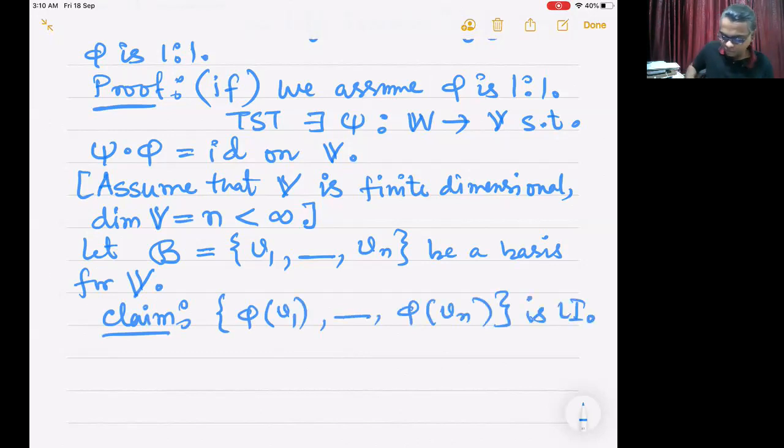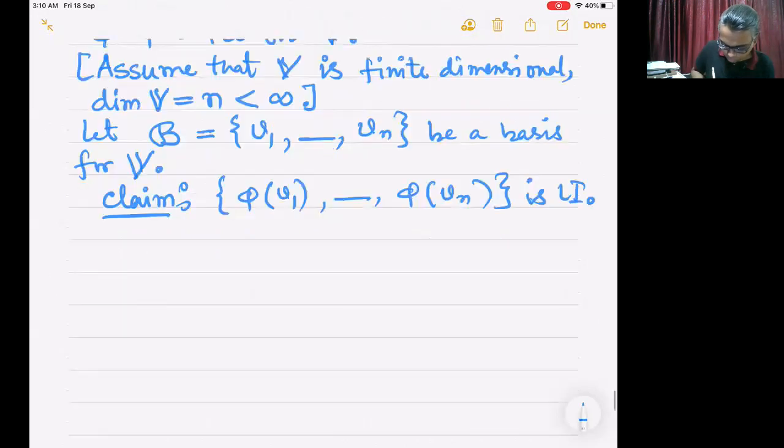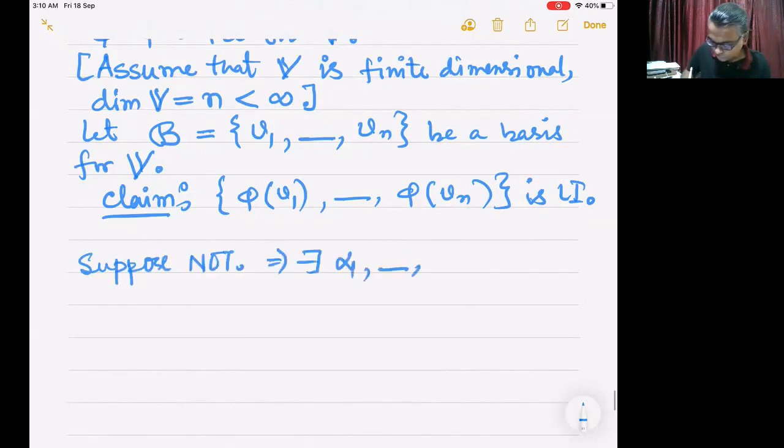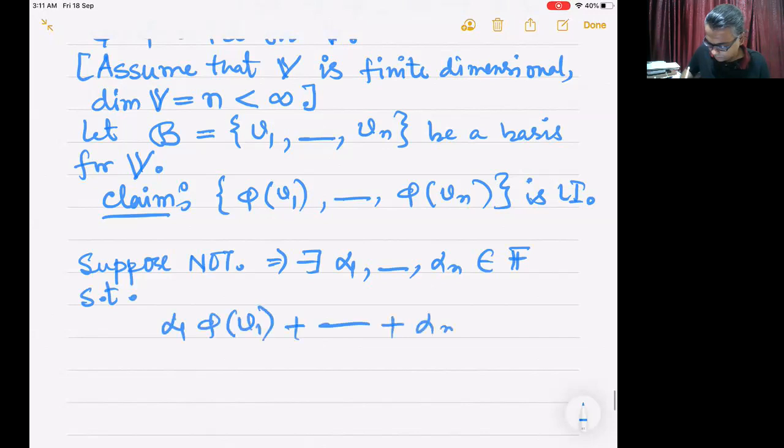Why is that so? Suppose not. This implies there exist alpha 1 up to alpha n all in F, not all zero, such that alpha 1 phi v1 plus up to alpha n phi vn must be the zero vector in W.